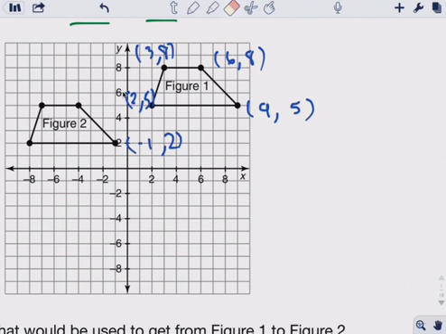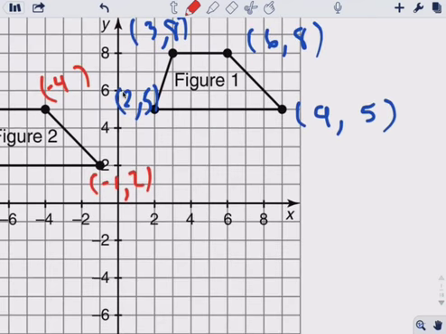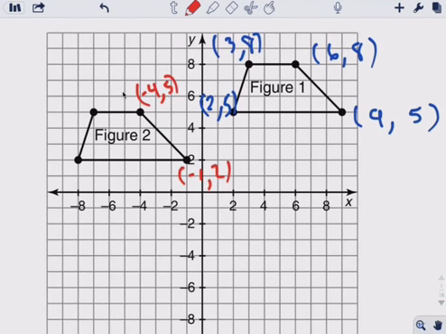I'll use the other one in a different color so you can see better. That's again negative 1, 2. This one is negative 4, 5. Then this one here is negative 7, 5. This one here is negative 8, 2.